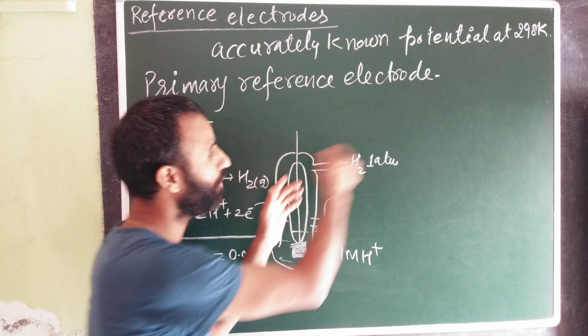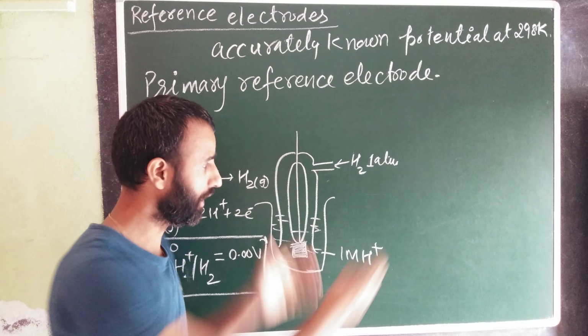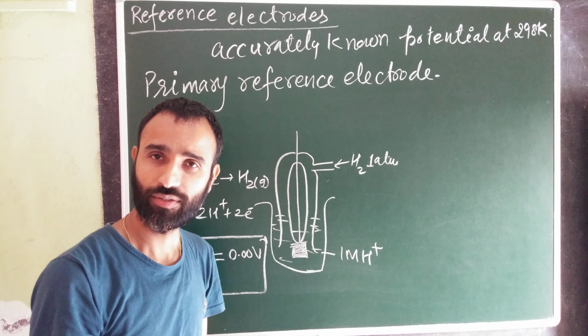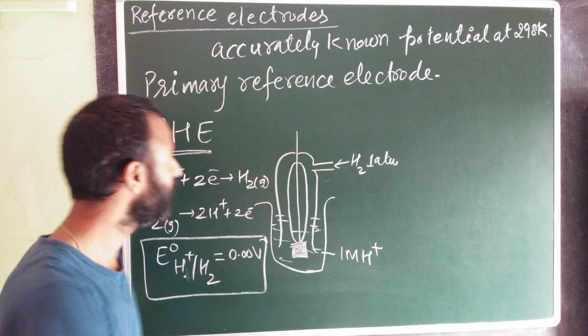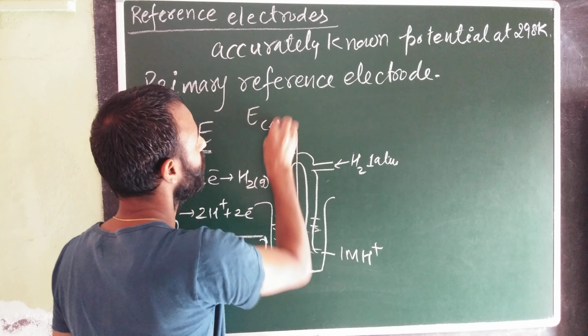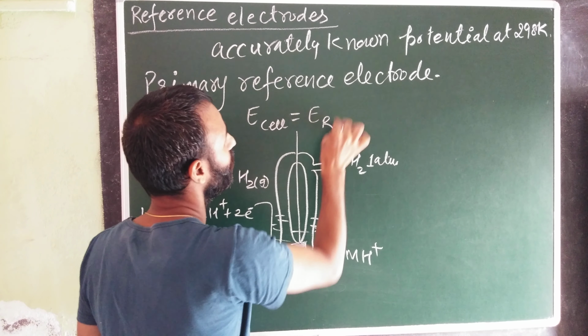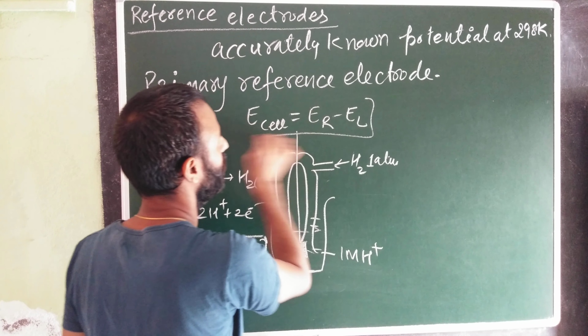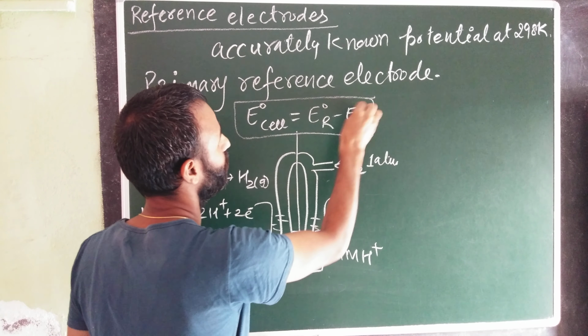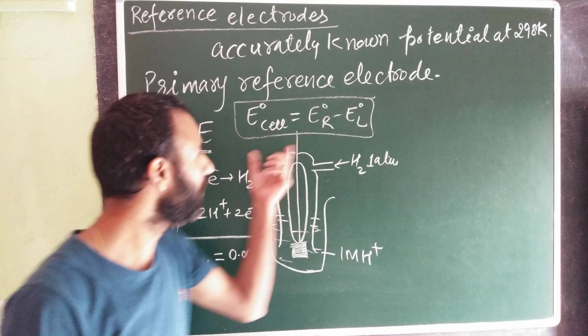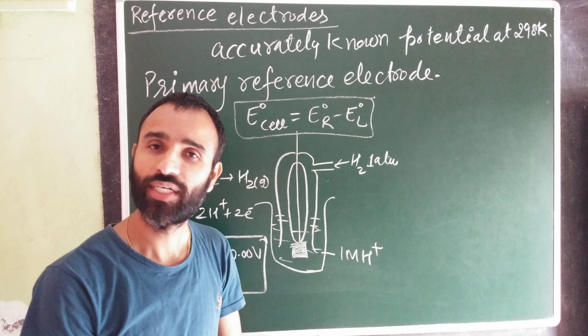Any electrode when combined with this electrode, the EMF of the cell is calculated by experiment, and E cell is E right minus E left. Okay, E naught cell equals E naught right minus E naught left.